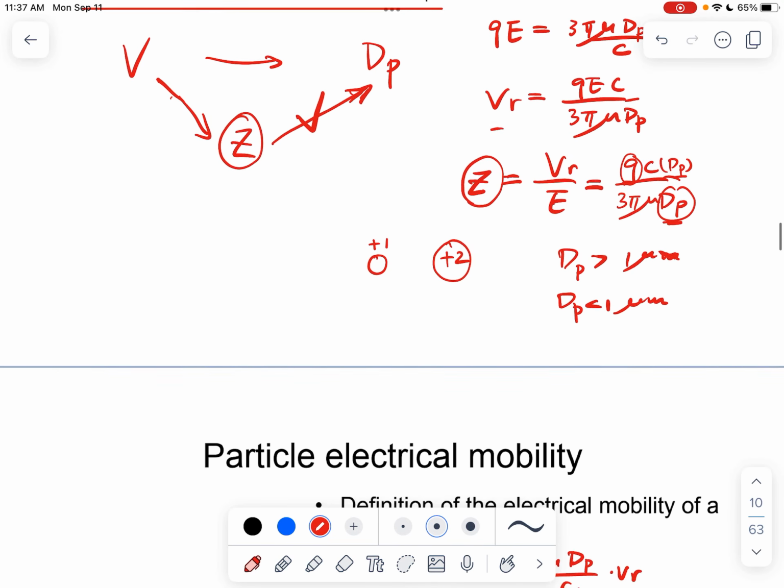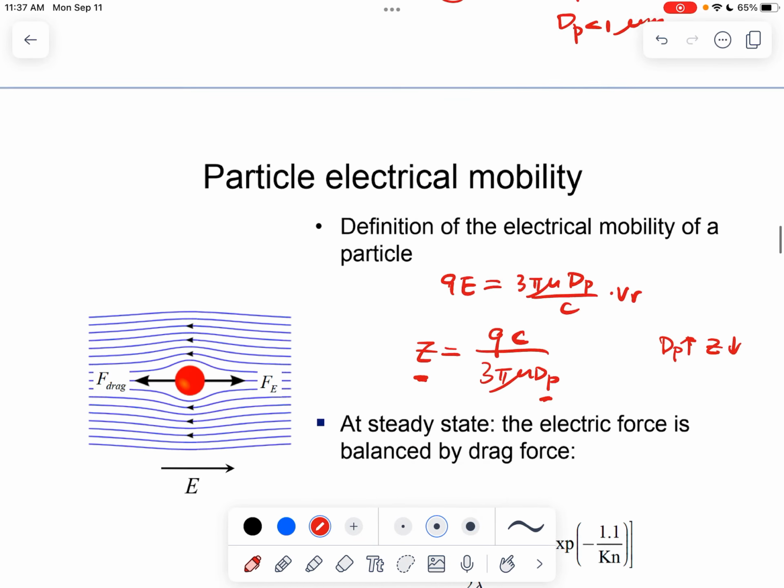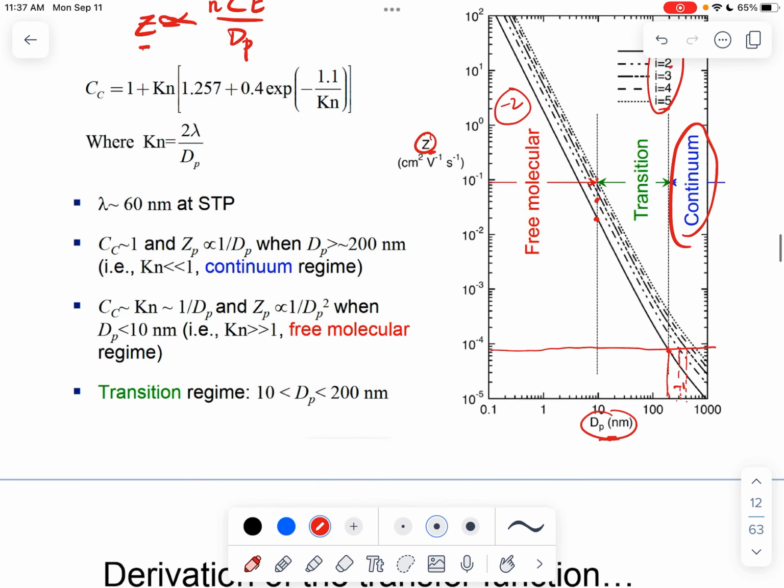Okay, so we talked about how we can convert the electrical mobility to particle size. What about from voltage to electrical mobility? How do we do that conversion? Because we're controlling the voltage and we assume that we're selecting a certain particle size, right? So how do we do this conversion here?